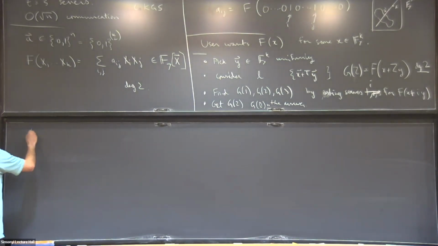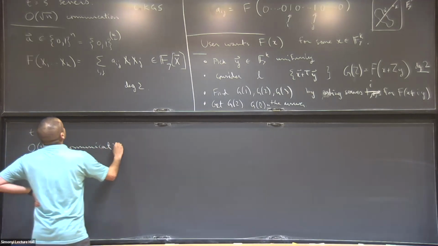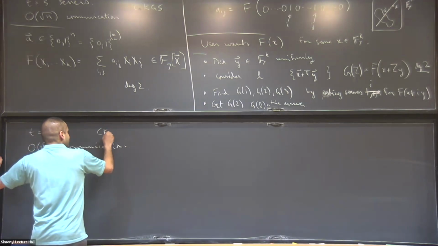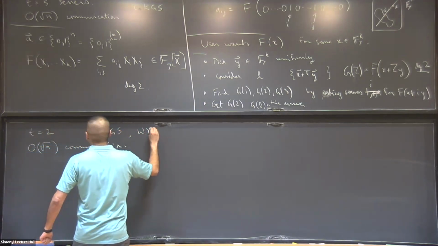We're going to do T equals 2, order cube root n communication. These parameters were achieved by CKGS, but this is a protocol of Woodruff and Yekhanin, from ISO 5.